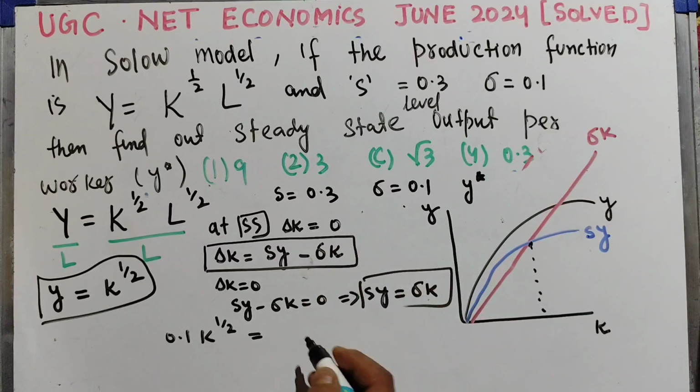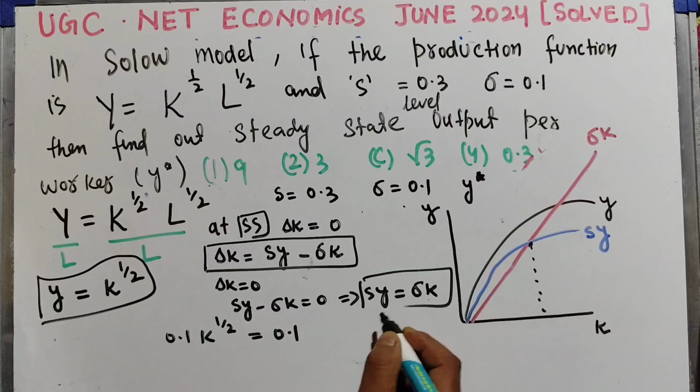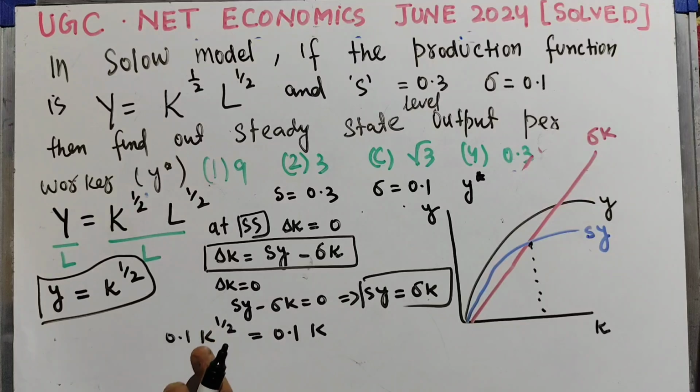Del is given as 0.1 and we have k. Sorry, we have s equal to 0.3 here. So we can write 3 upon 10 k raised to the power 1/2 is equal to 1 upon 10 times k.